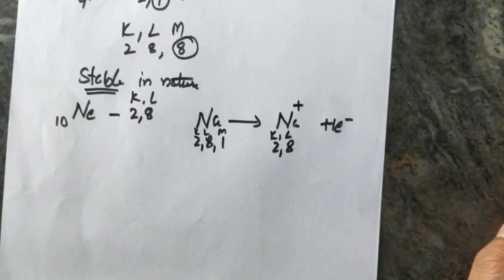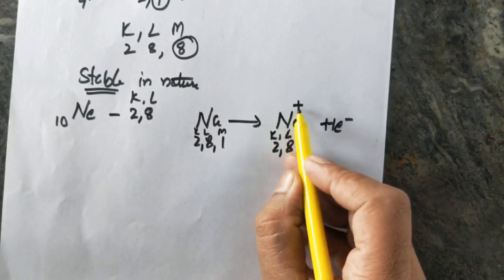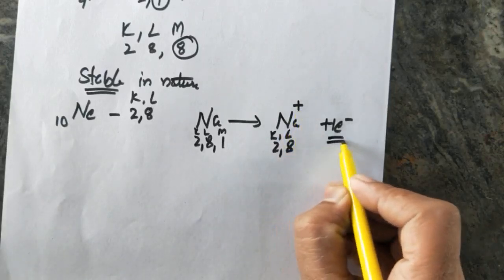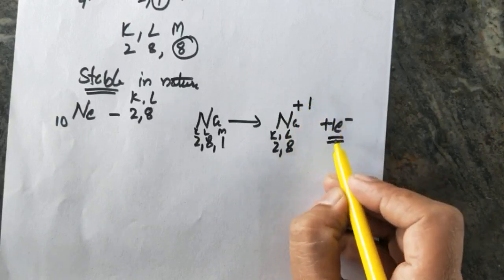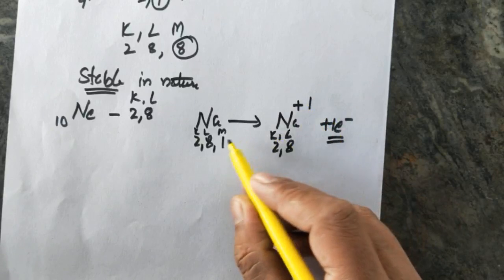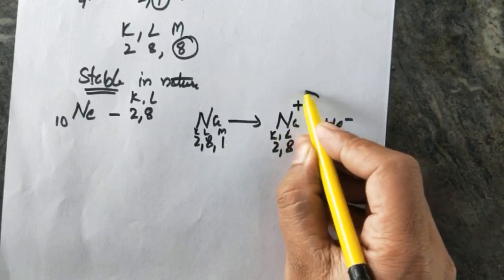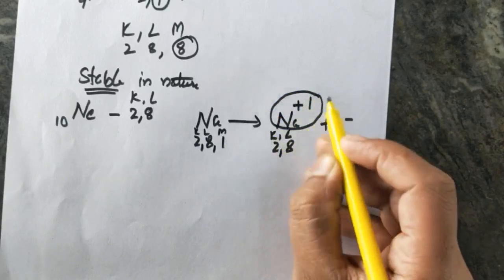Those which gain electrons acquire a negative charge because the electron is coming to the atom. So sodium will acquire a positive charge, and since it has lost only 1 electron, the valency is 1. In short, valency is the number of electrons lost by sodium. Therefore the sodium ion has the symbol Na plus.